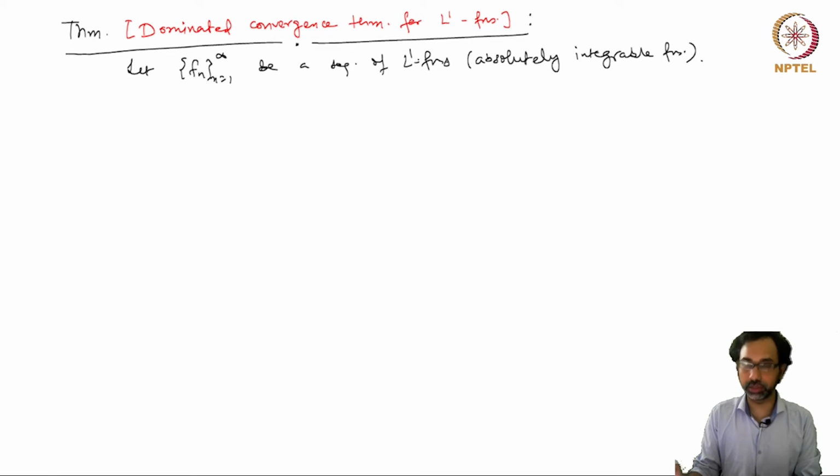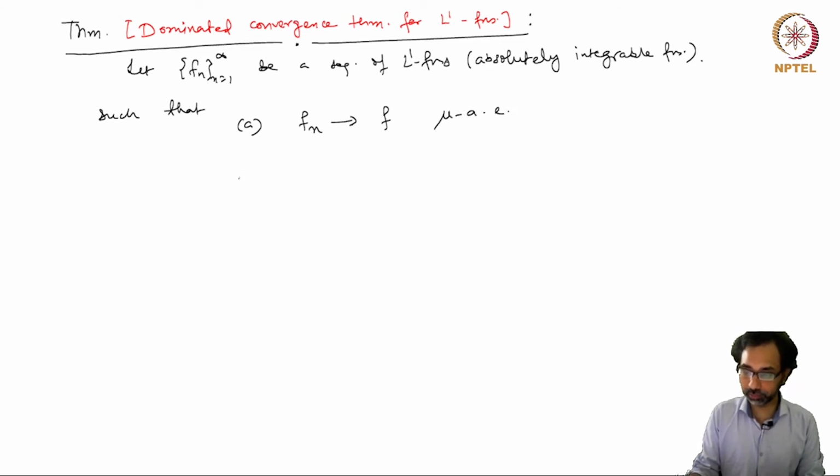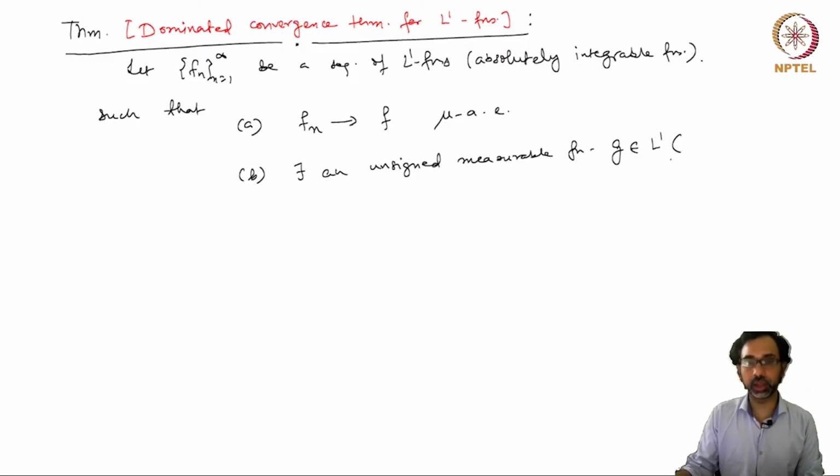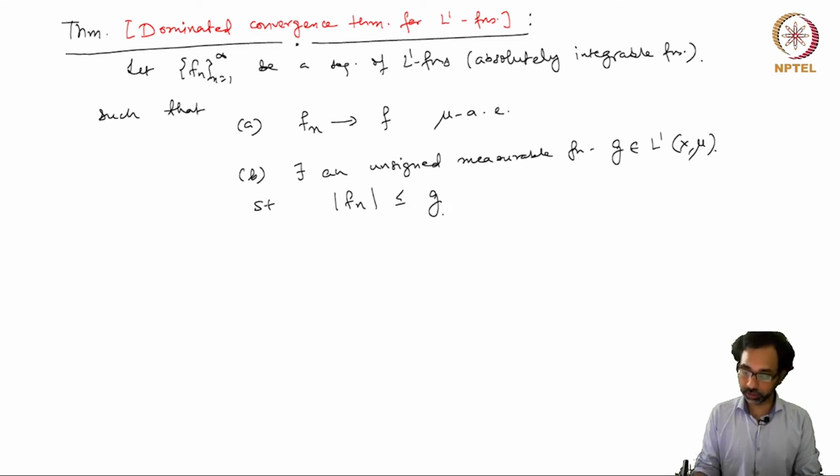So if you take a sequence of L1 functions such that, first condition, f_n converges to a function f, mu almost everywhere, and secondly that there exists an unsigned measurable function g, which is also absolutely integrable, such that the modulus of all these f_n's is bounded above by g, again mu almost everywhere.